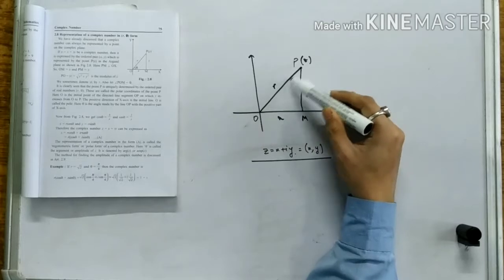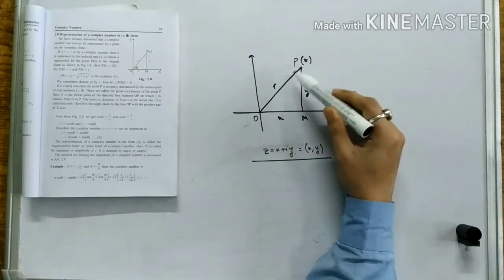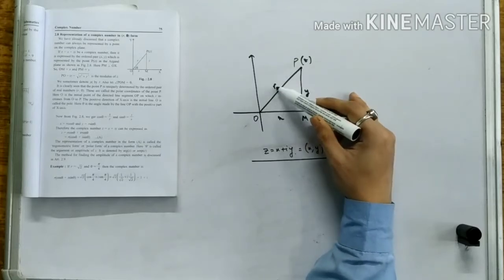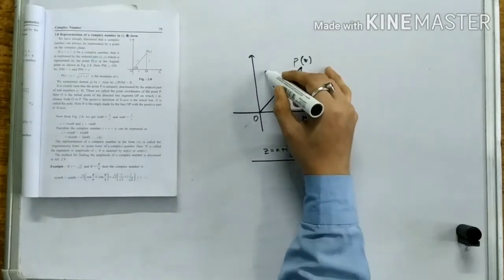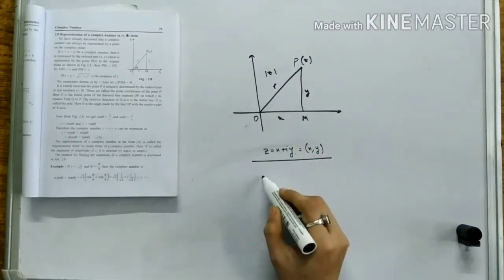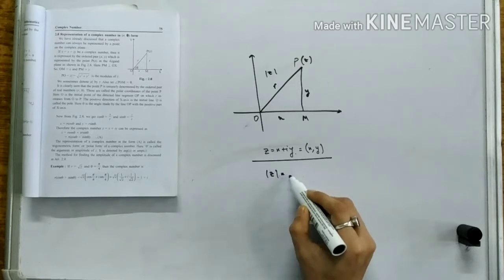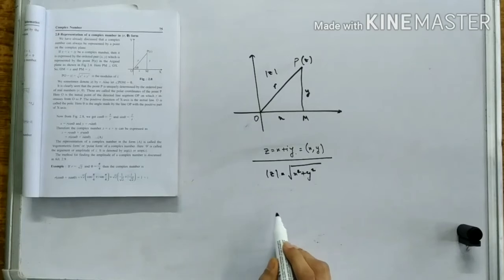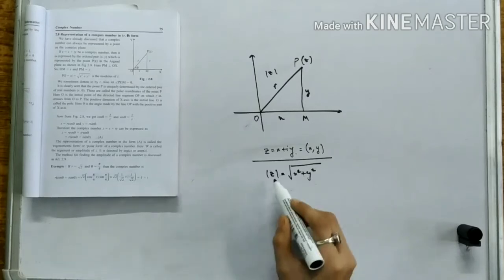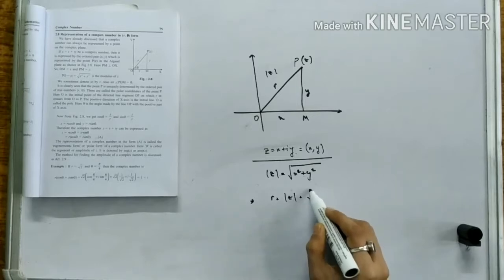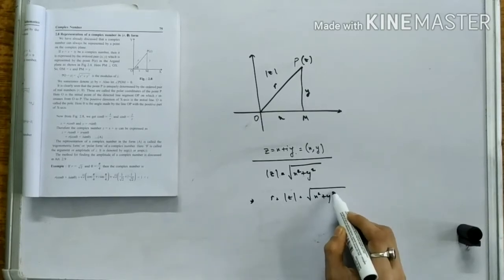This is the distance from the origin to the point, and this distance is denoted by modulus z, or by r. Z is equal to x plus iy, so therefore modulus z is equal to root over x square plus y square. We have already discussed this in a previous video. Or you can write r is equal to modulus z is equal to root over x square plus y square.